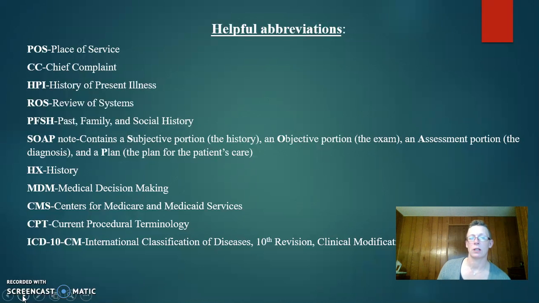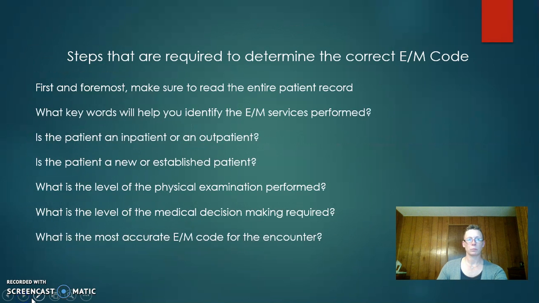Here's some of the steps that are required to determine the correct EM code. First and foremost, make sure to read the entire patient record. Pick out what keywords will help you define the EM service performed. Is the patient an inpatient or outpatient?